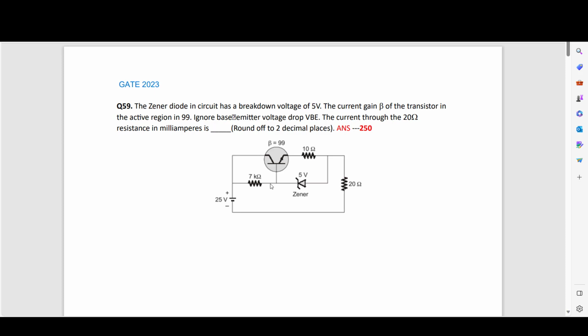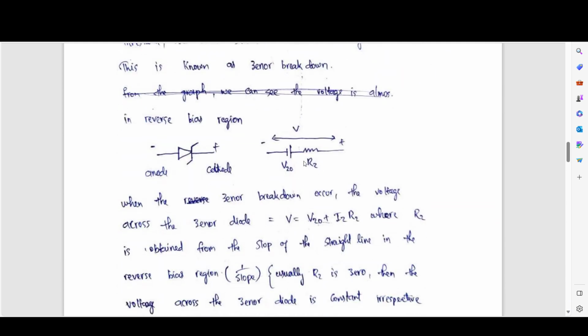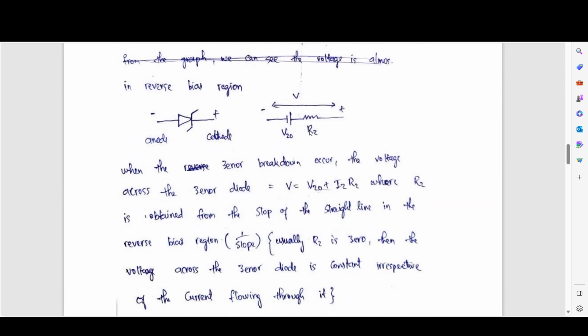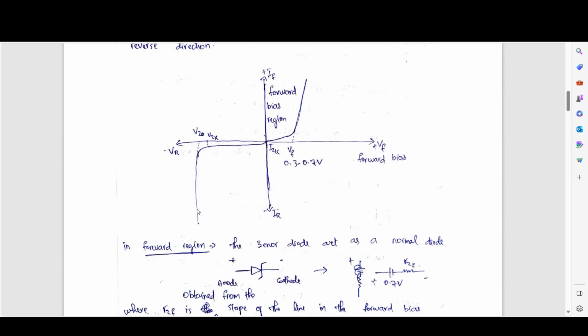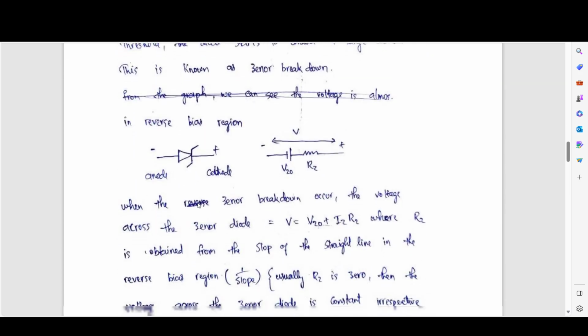So whenever the reverse bias voltage across this Zener diode is more than 5 volt, we can replace it with a diagram like this. This RZ we usually calculate from the inverse of this slope. But in most cases we can take it as zero.